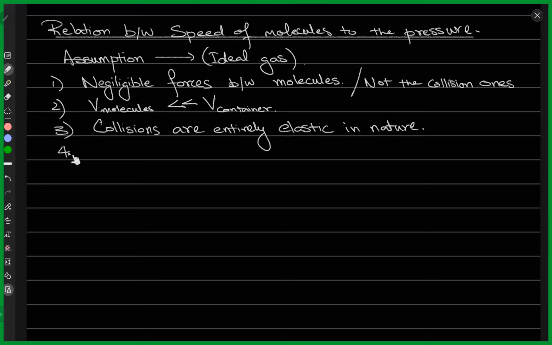And the fourth assumption would be, okay, you can think of this in terms of when you have these molecules, they're going to collide, right? Now, when these molecules collide, we'll assume that the time spent when they were interacting with each other is very small compared to the time between two successive collisions.